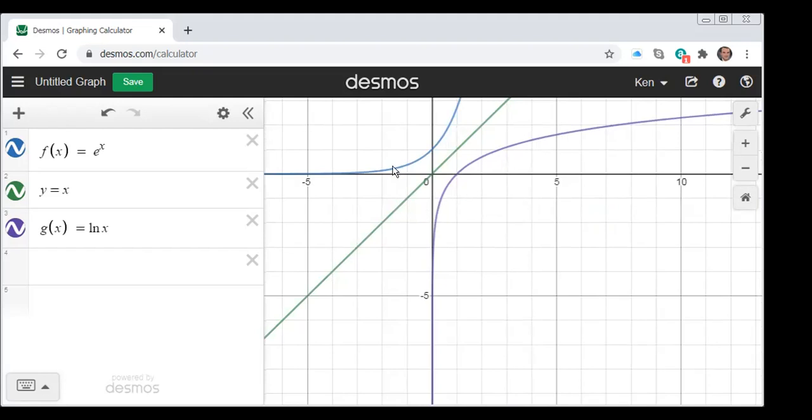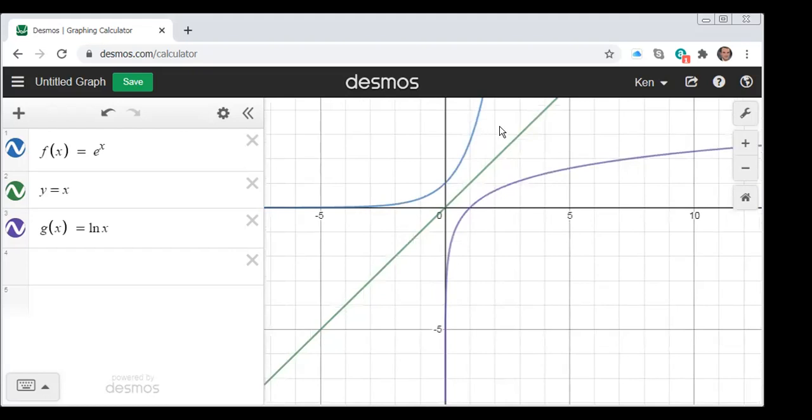And since e to the x is continuous, its inverse function is also going to be continuous on the same interval. So e to the x is continuous and its range is 0 to infinity. So the inverse function natural log of x is going to be continuous on the domain 0 to infinity.